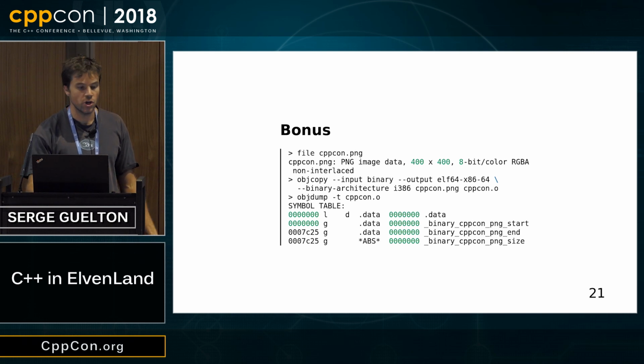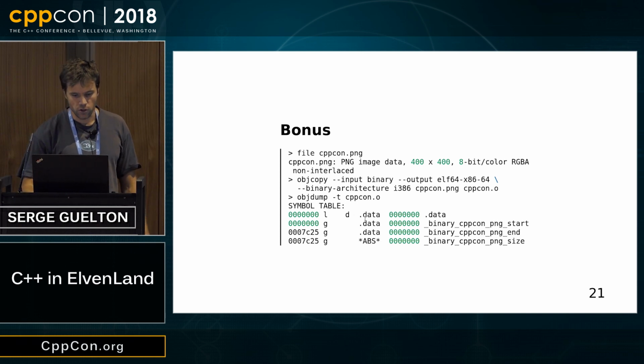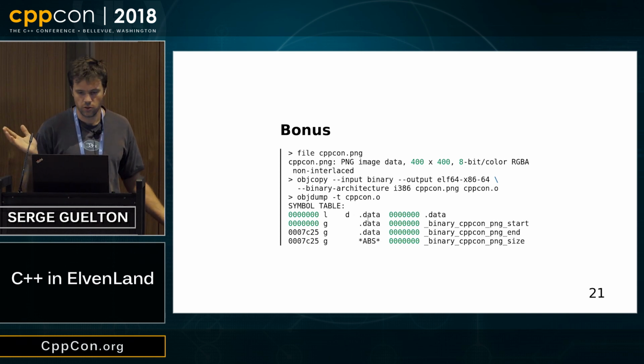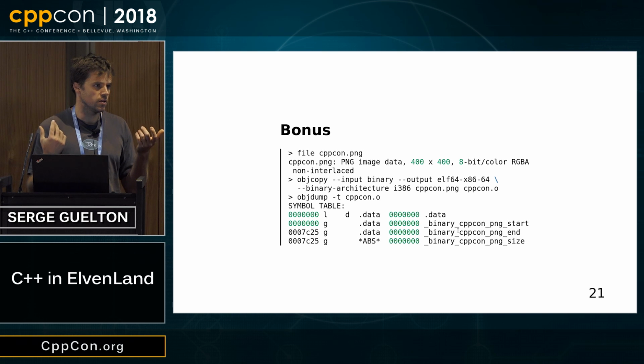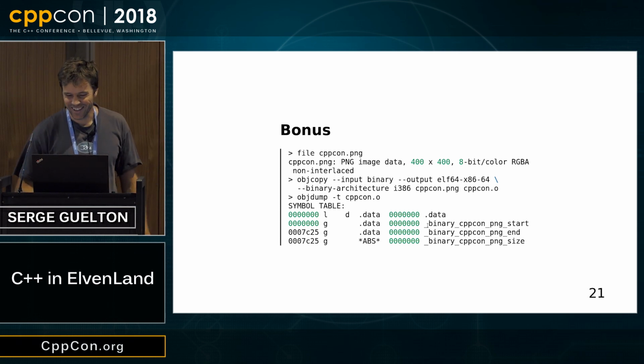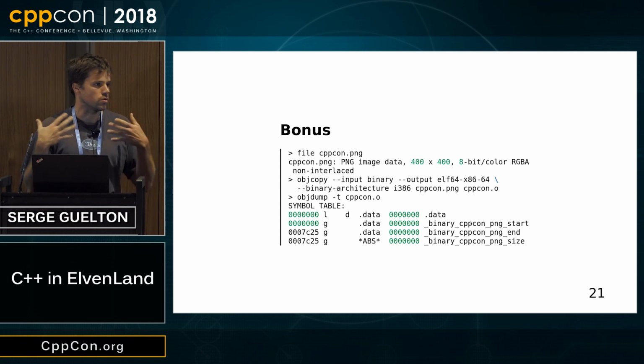And then if I objdump this newly created object, which has nothing to do with assembly code, you've got a data section, so it's okay, it's not code, it's not a text section. And you've got a few symbols that tell you the start, the size, and the end of this section. So now you can just use a void star pointer to that section and address it and load your image.